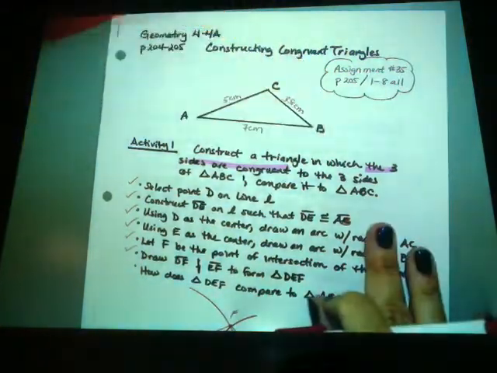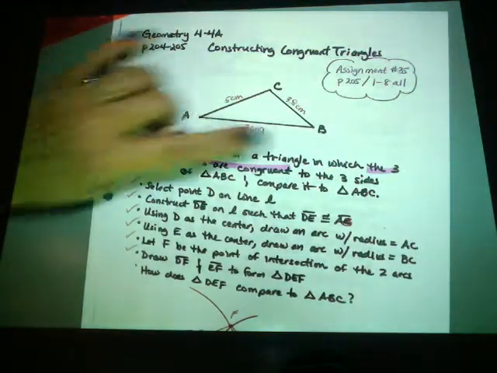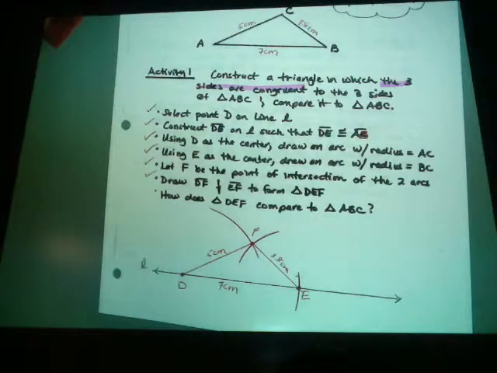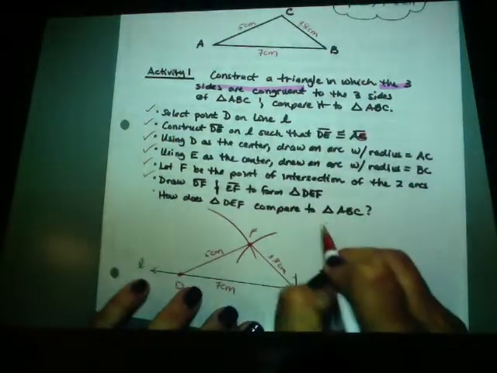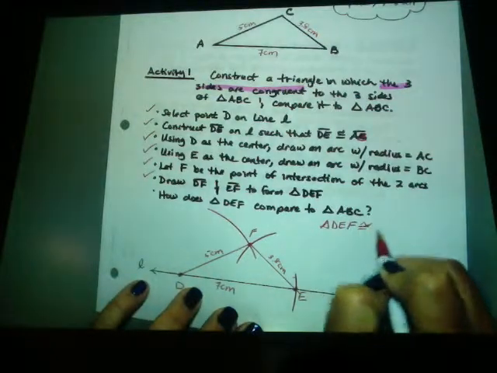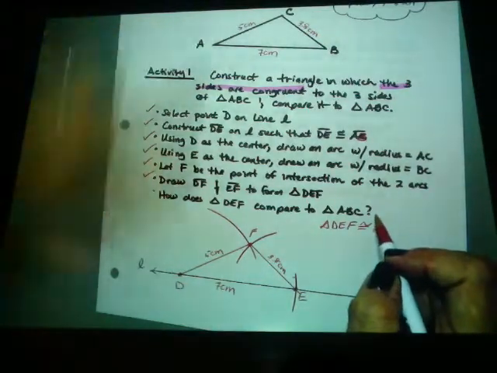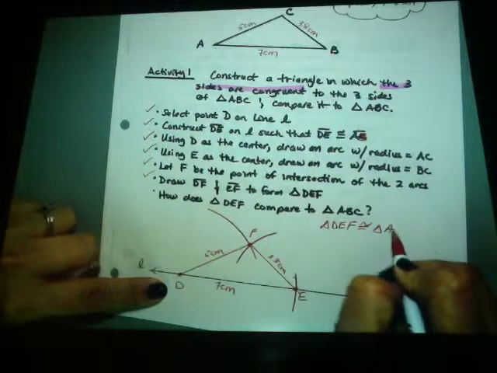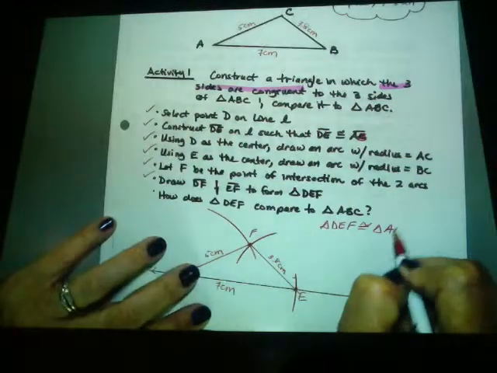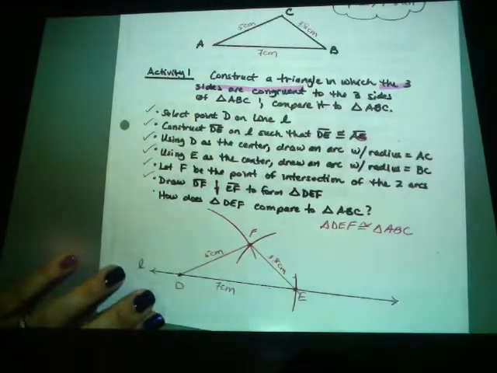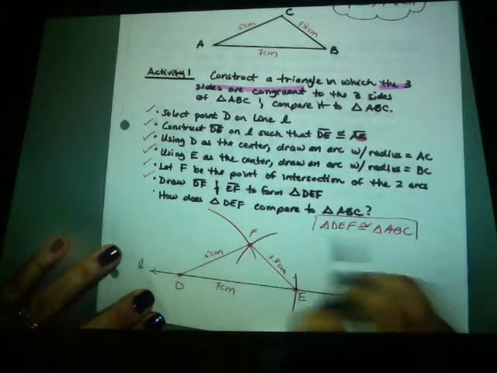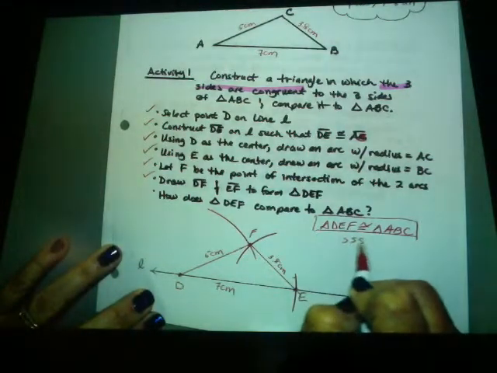So these angles are the same. If we did the same for E and B, they would be the same. And if we did the same for C and F, they would be the same. So our conclusion is that triangle DEF is congruent to triangle ABC. D and A correspond, and E and B do correspond, and so C corresponds to F. And what you're going to find out is we just did it by SSS.